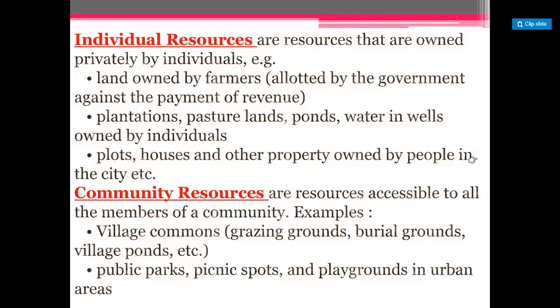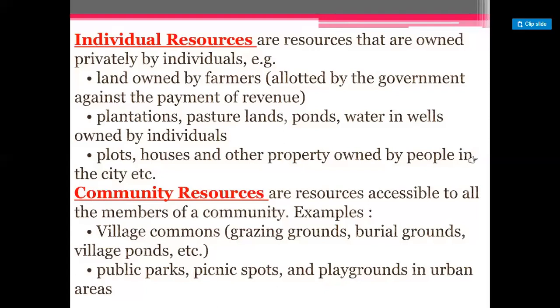Land owned by a farmer, allotted by the government against the payment of revenue. Plantations, pasture lands, ponds, water in wells, owned by individuals. Houses, plots, and other property owned by people in the city, that is called individual resources.